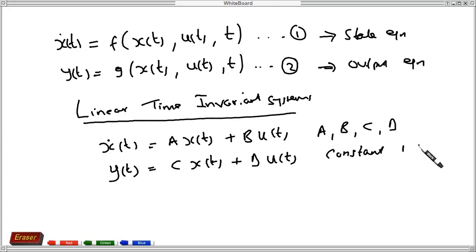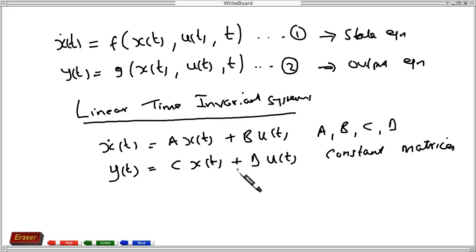So we can define any linear time invariant system using these two equations.